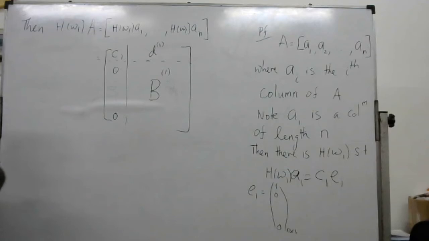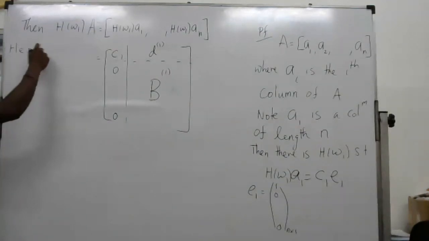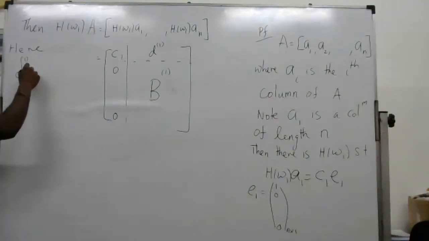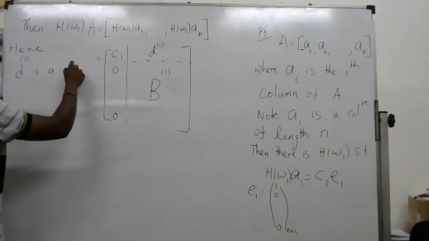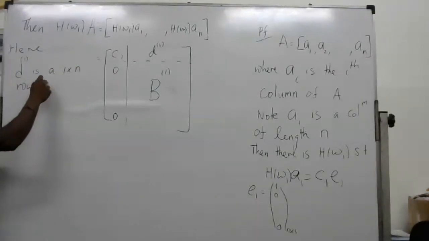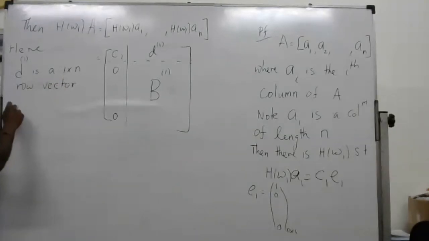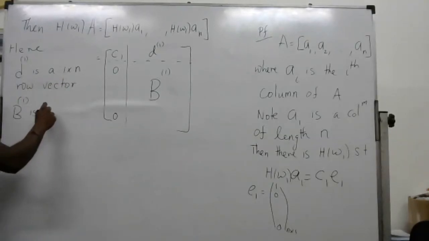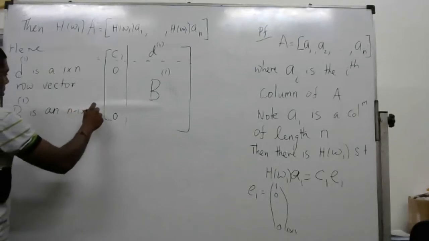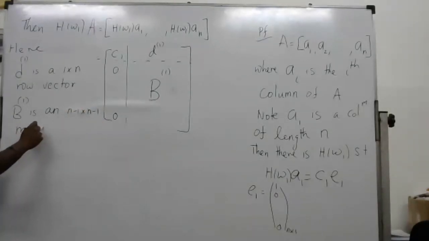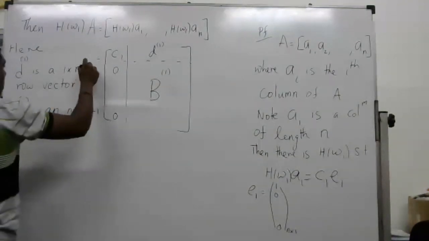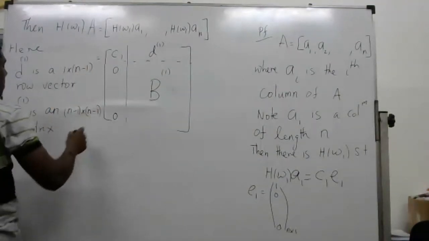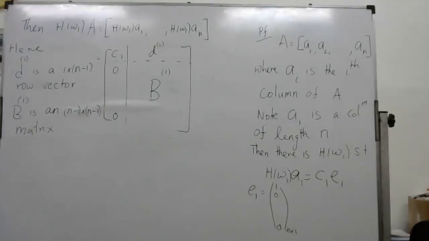Clearly D1 is a row vector of size 1 cross n minus 1, and B1 is a matrix of size n minus 1 cross n minus 1.